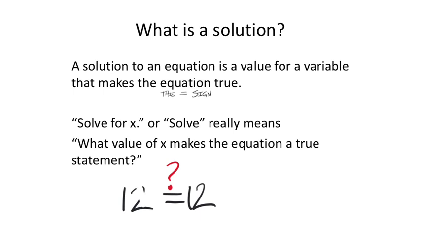But like we've said before, sometimes I don't want it to be 12 directly. What I would like it to be is something like 10 plus 2. Okay, now this statement is still true, and that's fine. It's still a 12 on the left side. I just changed the way that it looked. That's all I did. I didn't actually change its overall value.